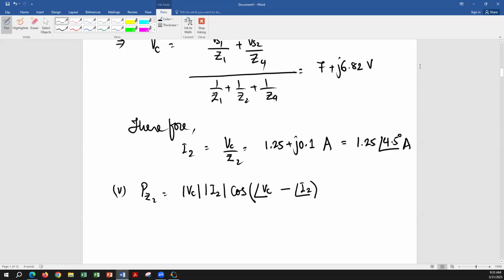Okay, so either we can use this equation, as I said, or simply we can use the magnitude of I2 squared, and since it's already an RMS value, squared times resistance 2, and reactive power of Z2 is going to be magnitude of I2 squared times the magnitude of the reactance.